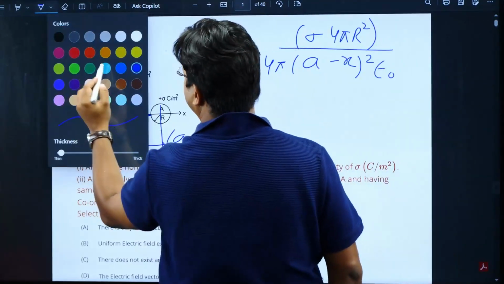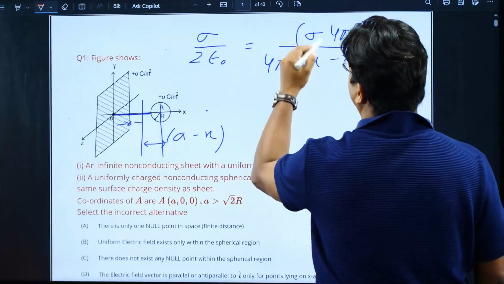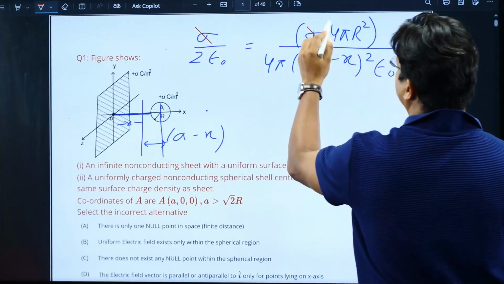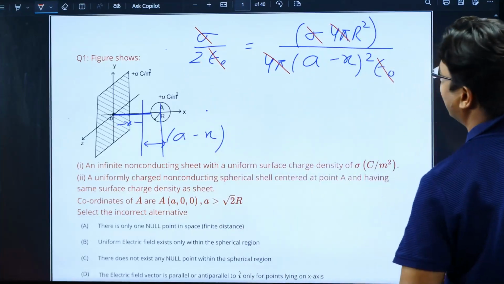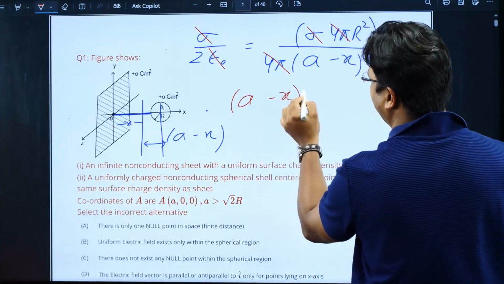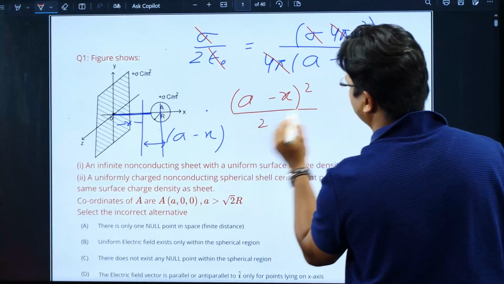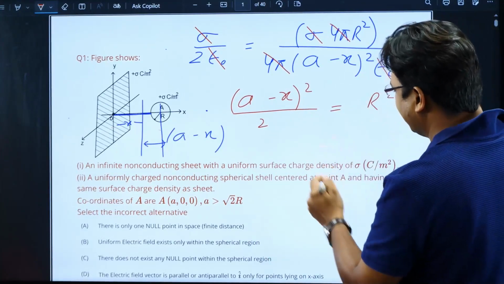If we do this, this sigma gets cancelled, this 4 pi gets cancelled with this 4 pi, and this epsilon naught gets cancelled with this epsilon naught, and we are left with (a minus x) square by 2 is equal to r square. I can take root on both sides.